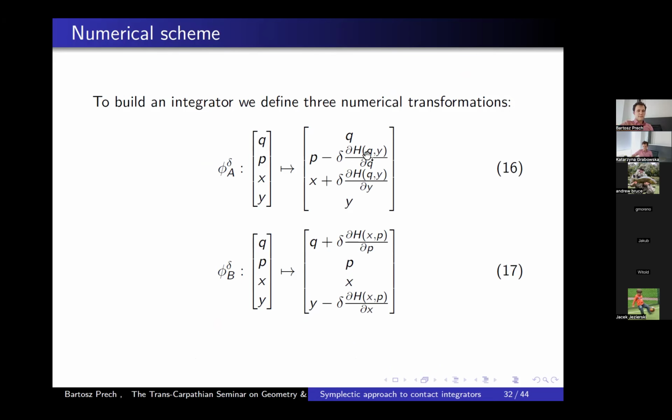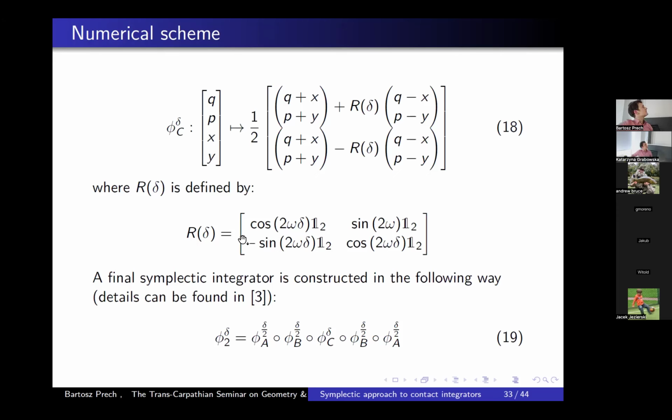They are written here: phi I, phi B, and phi C. Maybe I should note that phi C doesn't depend on the Hamiltonian, so it's a pretty universal structure, and the full integrator can be built out of these three transformations by formula 19, and then you get a symplectic integrator, in a better or worse sense.